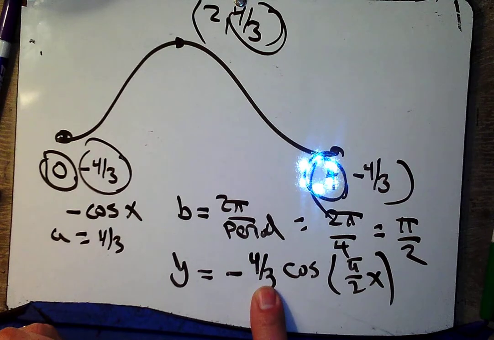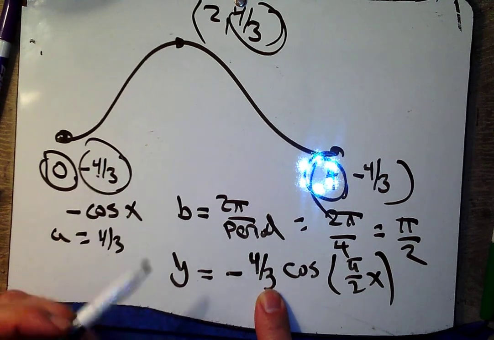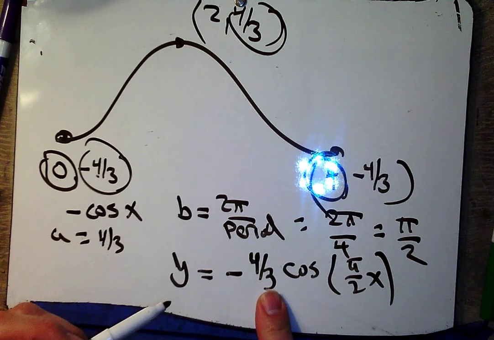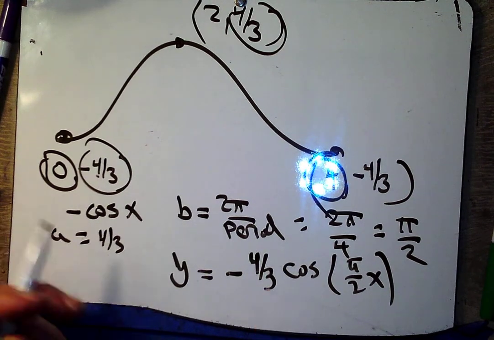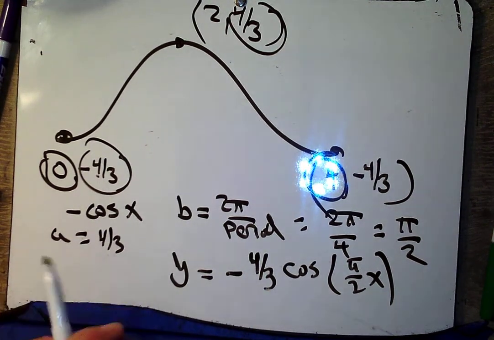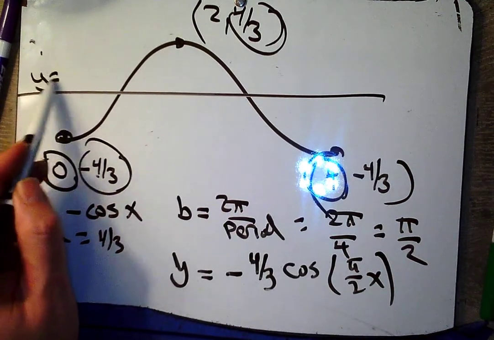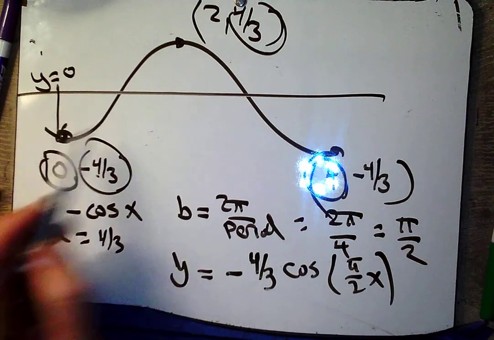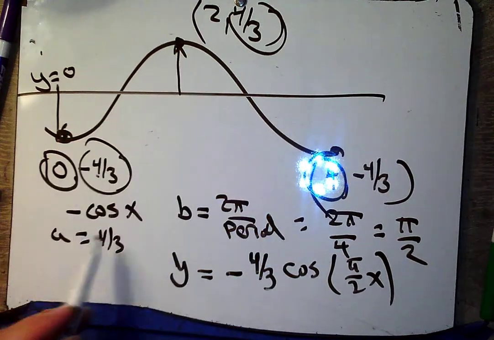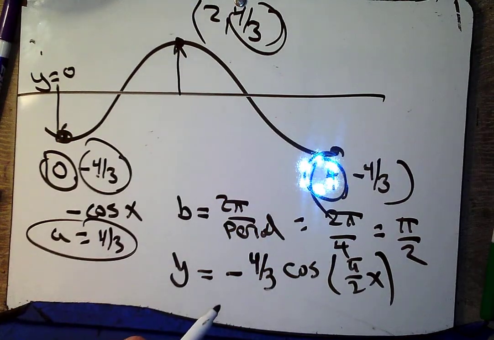So this number, I wonder if it always works that way. Well, see what happens. But I do know that the distance from y equals 0 is 4/3, and that's why my amplitude is 4/3.